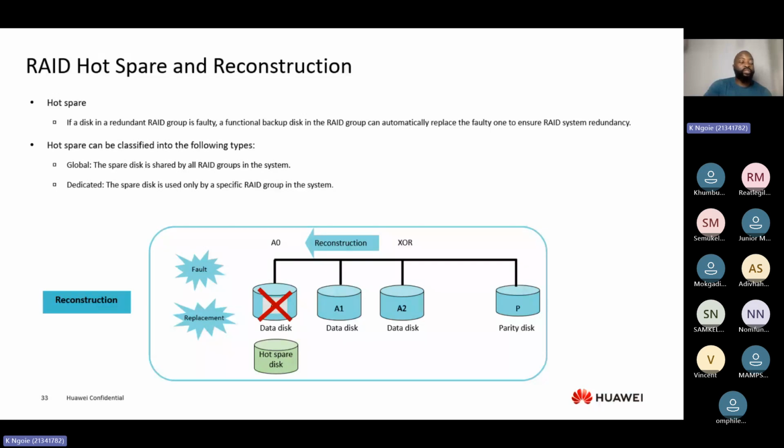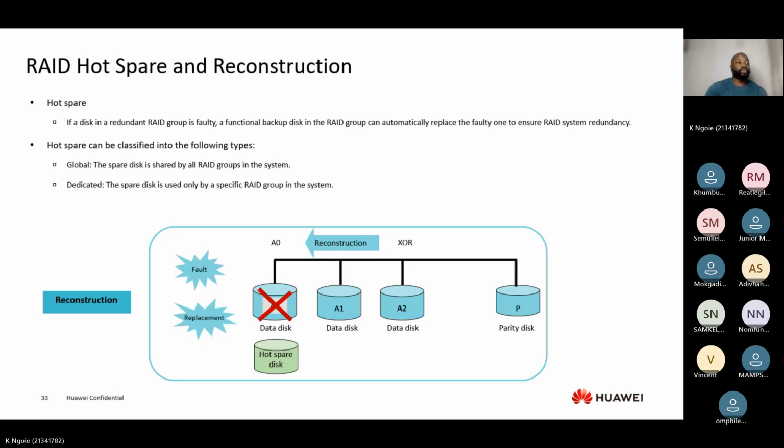So the reconstruction of the new hot spare disk will have to happen with information from the parity disk. The parity information and mirroring information are the ones that are going to help reconstruct the hot spare. So whether a hot spare can be shared will depend on whether a global method or a dedicated method was used.